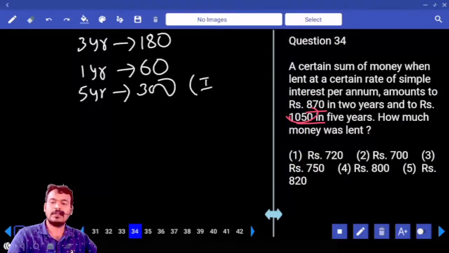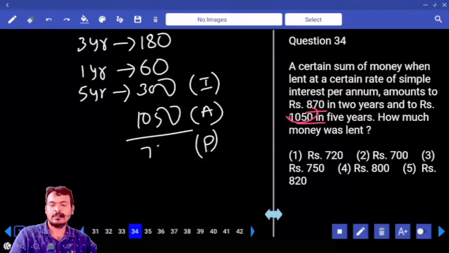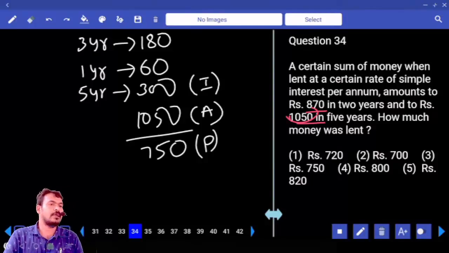Interest value 300, amount value 1050, right? Subtracting both, we get the principal. What is the principal value? 750, right? Out of 1050, 300 is interest, so the remaining 750 is principal, right?